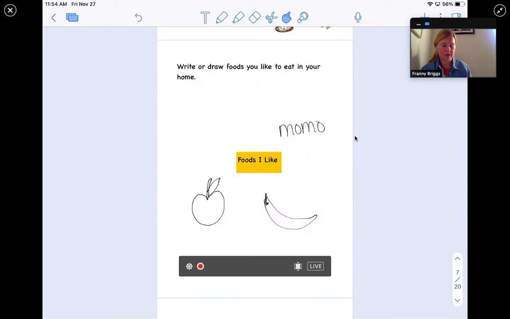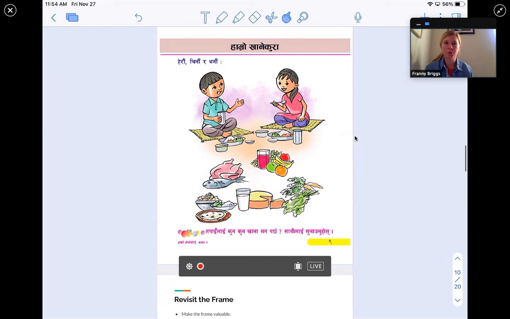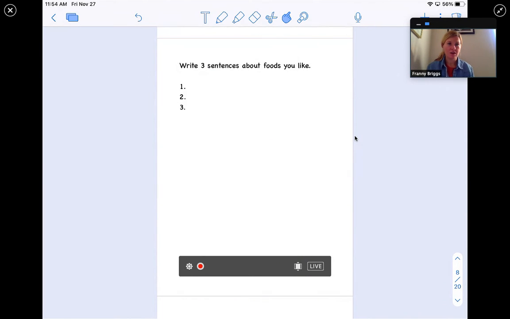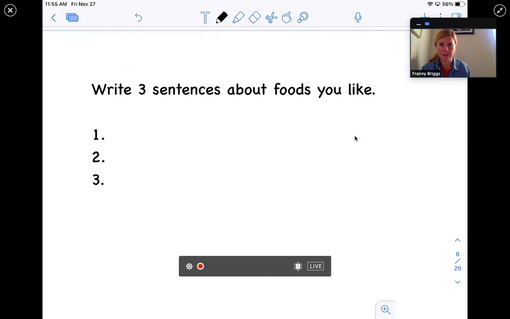students create this telling frame of foods that they like to eat. Then they look at the book pages and read about the foods and healthy foods and unhealthy foods and all the good things in the textbook. And then a good formative assignment, or even summative assignment, would be to have them write sentences. I didn't leave very much space because it was just an example, but it could be like, I like momos.